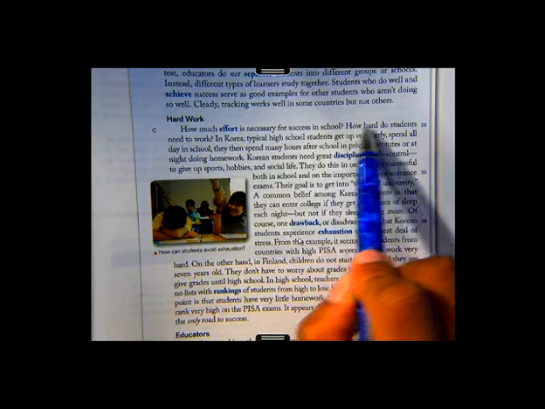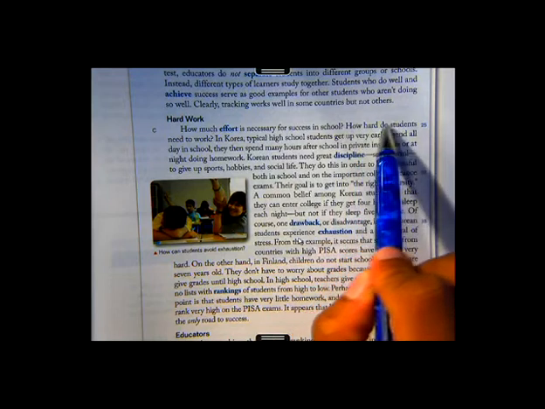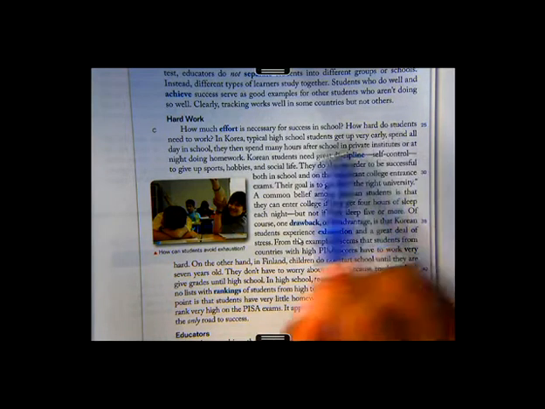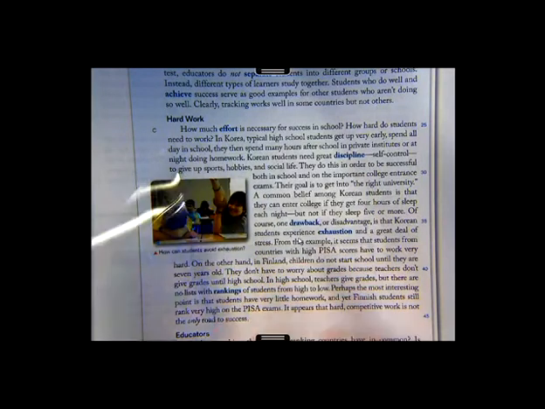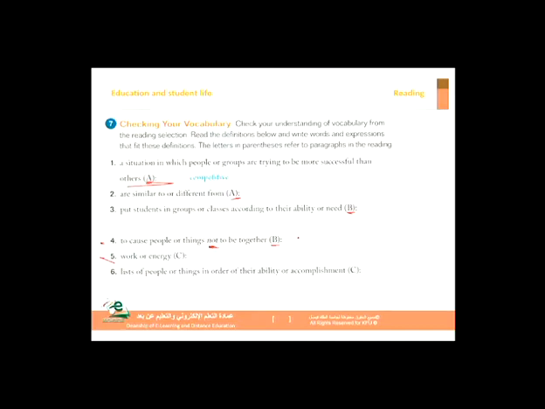How hard? That gives us an indication. How hard do students need to work? So this is the correct answer. So the correct answer for number 5 is effort.